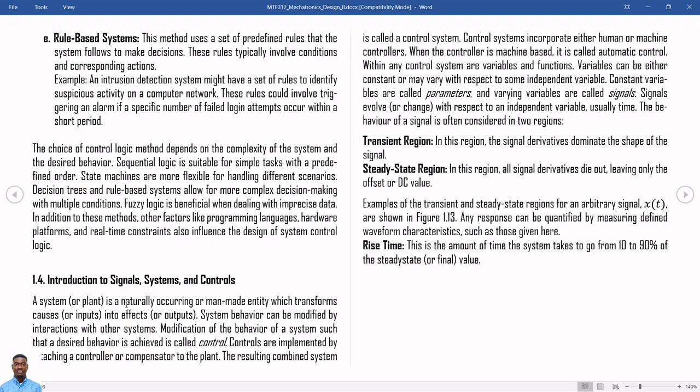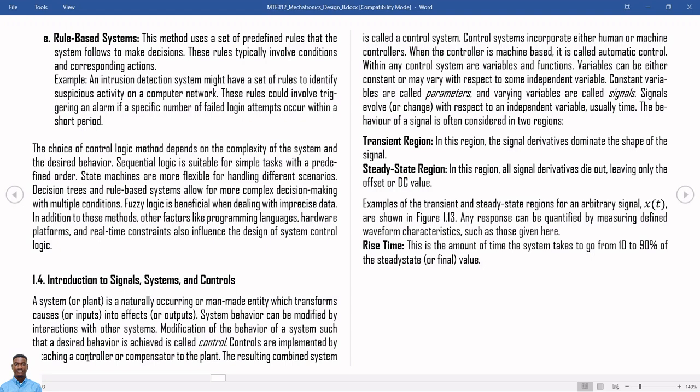So when we need to modify the behavior of a system, we would have to do what we call control. So whenever we are modifying the behavior of a system, then we are doing what we call control. And for us to do a control to modify any system behavior, we need to implement either a controller or a compensator.